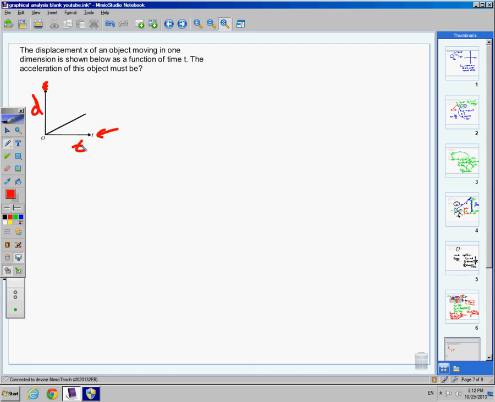So I know on a distance versus time graph, the average velocity equals distance over time. And so I know that if I have a distance over time, a sloped line like so gives me a constant velocity.